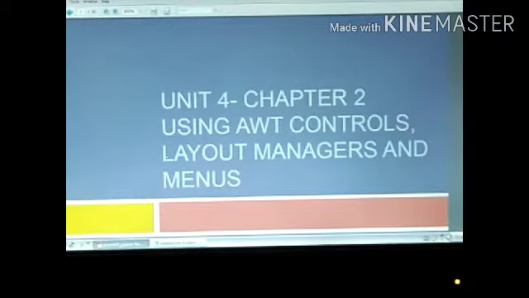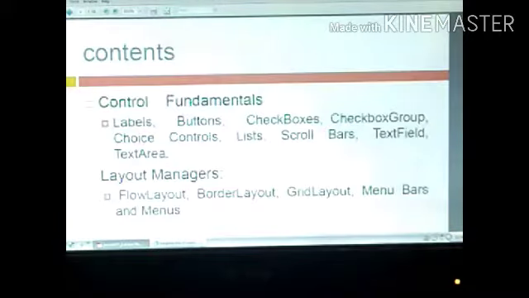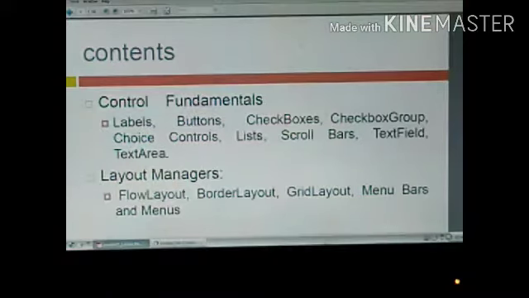Unit 4, Chapter 2, using AWT controls, layout managers and menus. What is AWT? AWT is Abstract Window Toolkit. These AWT controls are labels, buttons, checkboxes, checkbox group, etc. This AWT supports graphical user interface.